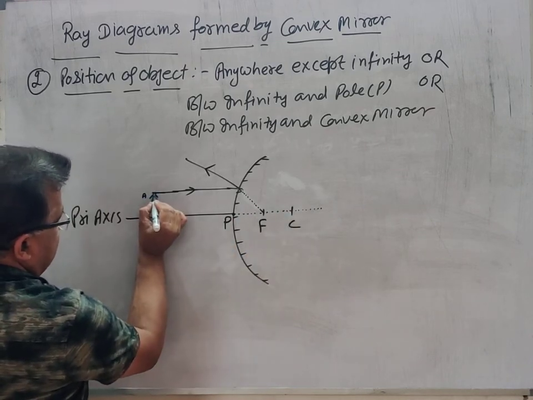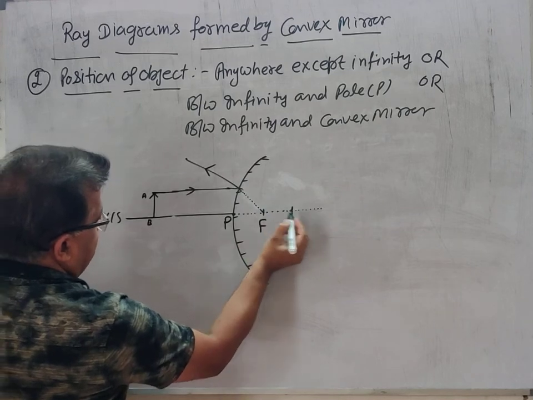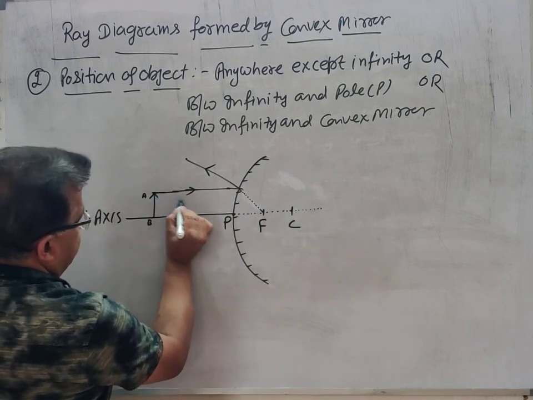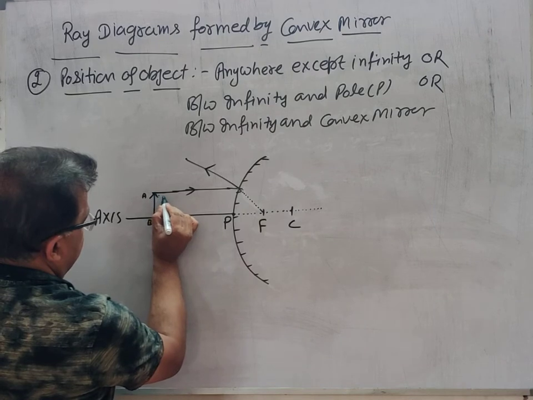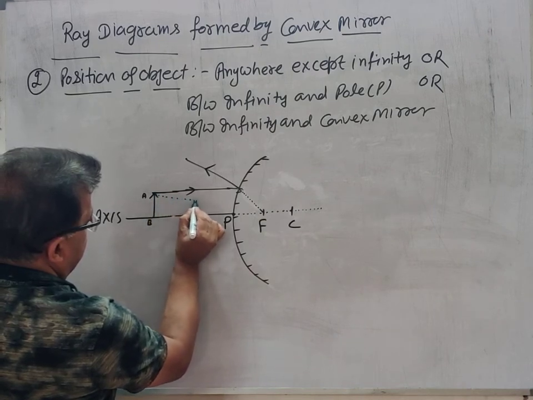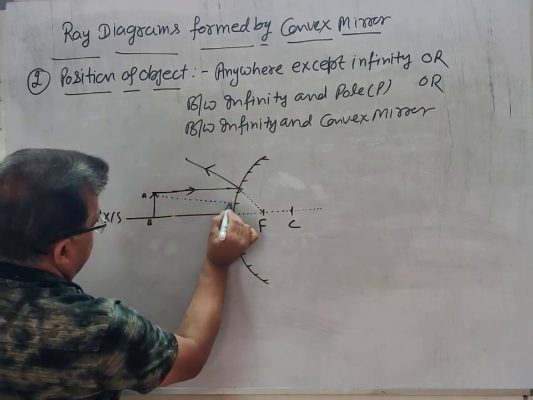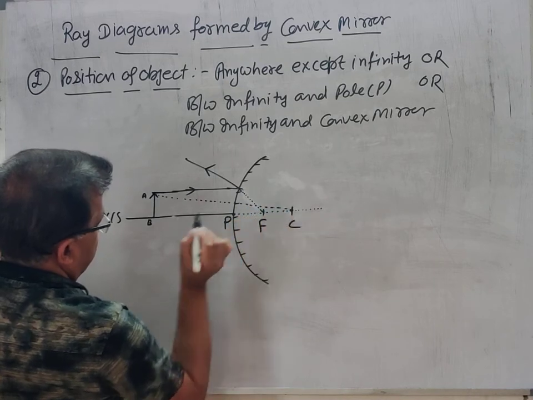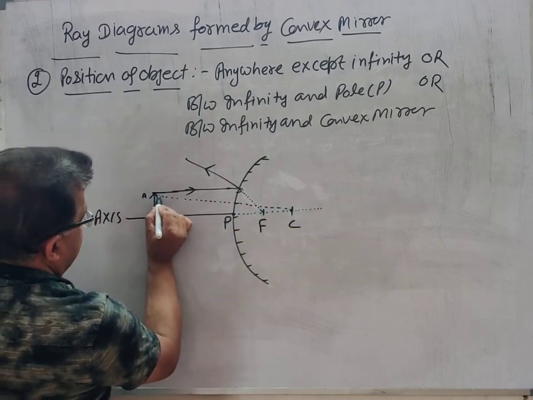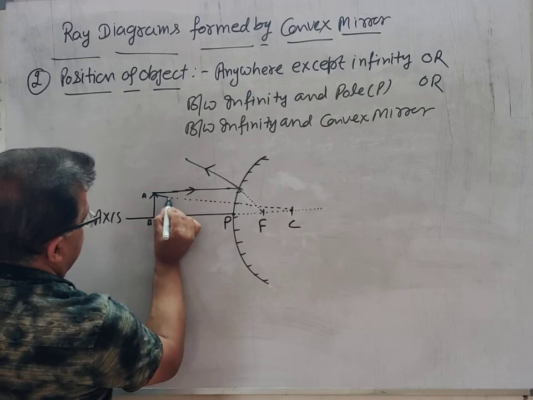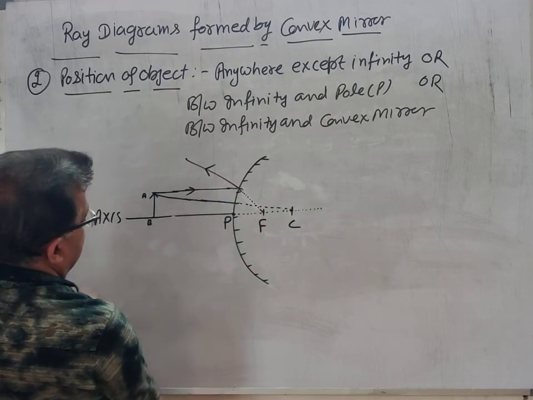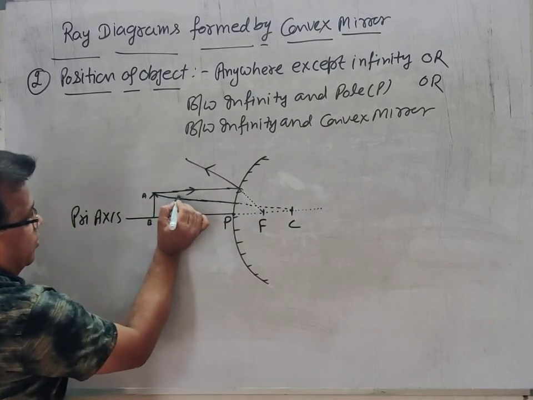We shall join this tip and center of curvature. On this side it is thick because it is actual. This is incident ray.